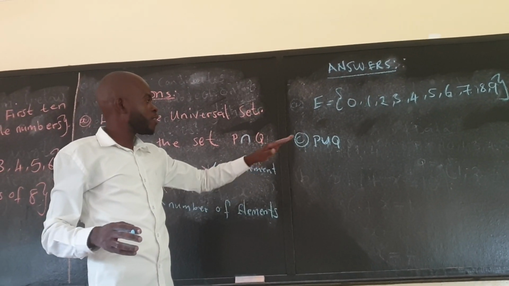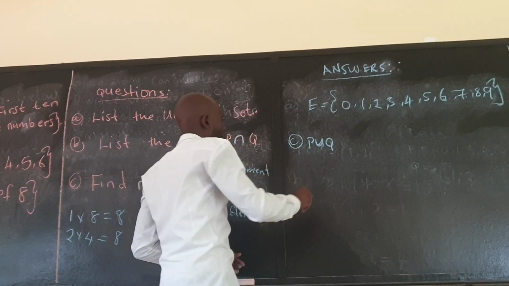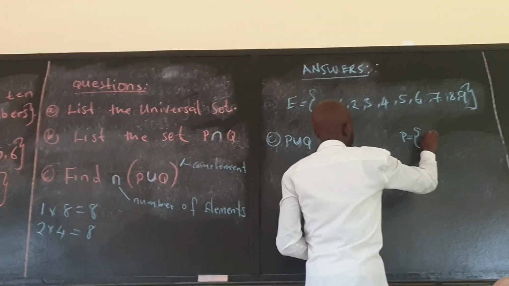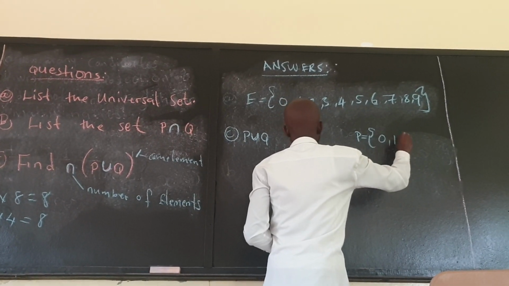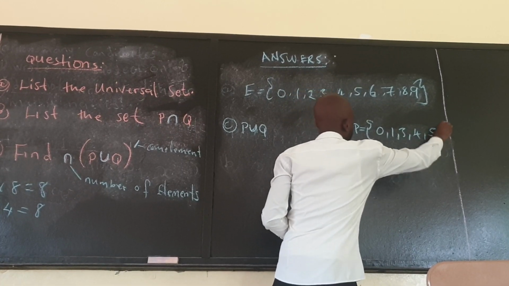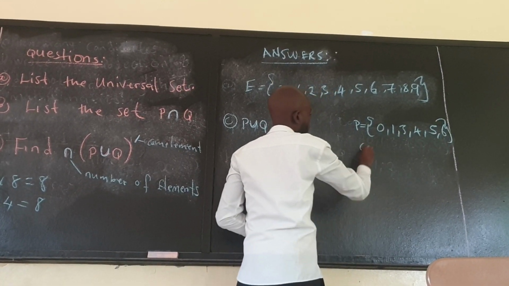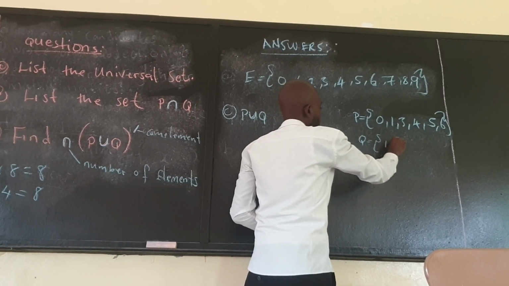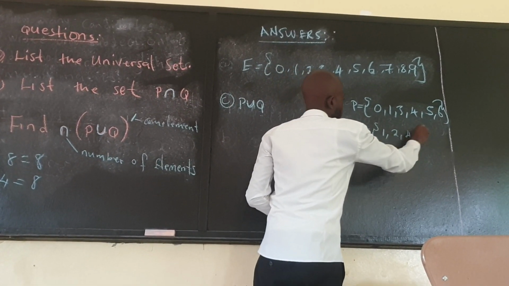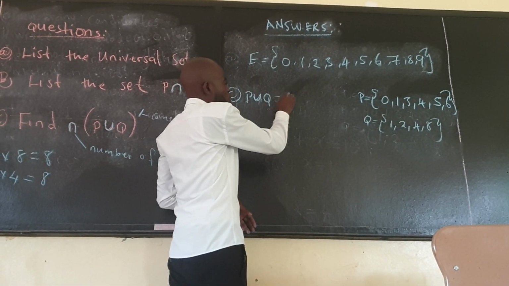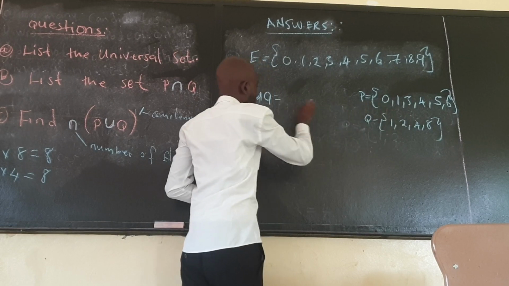So if we have, for example, our P here, which is equal to 0, 1, 3, 4, 5, 6, and our Q, which we just wrote, the factors of 8, 1, 2, 4, 8. Then our P union Q will be the combination of this and that.